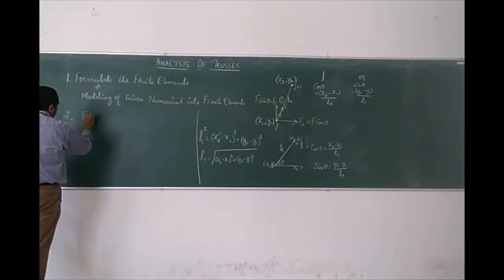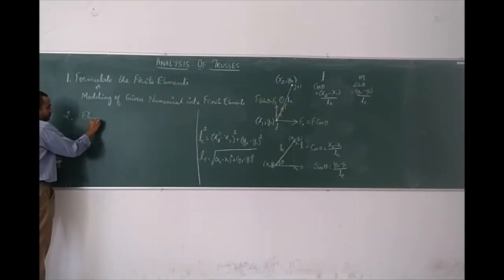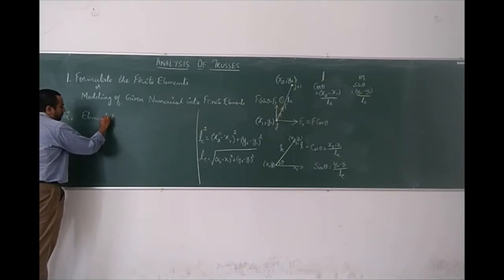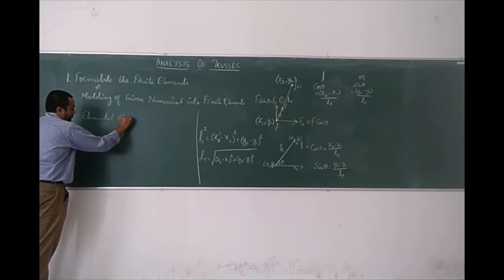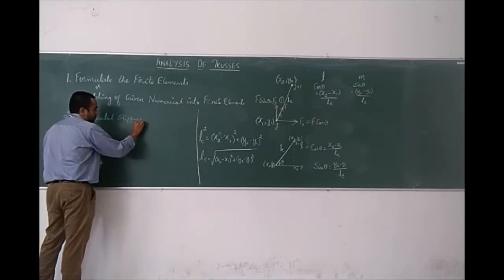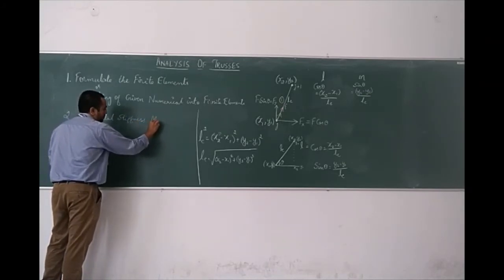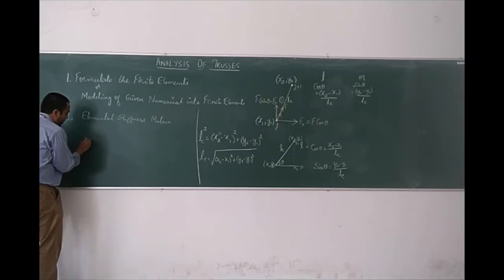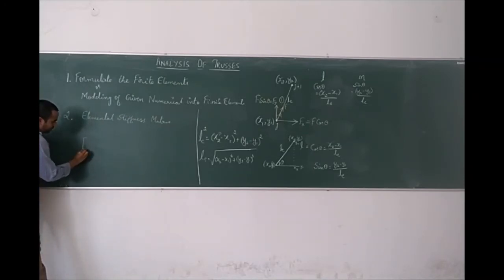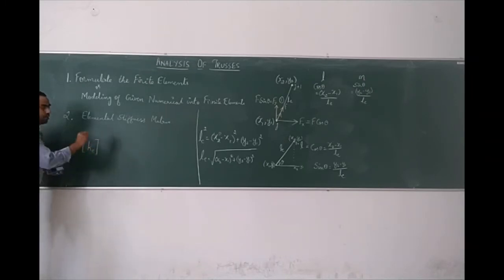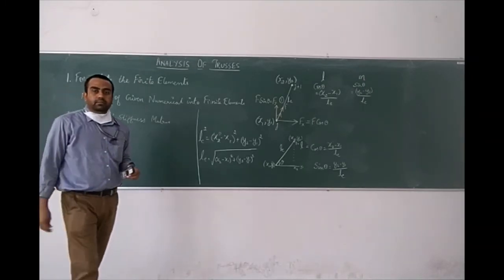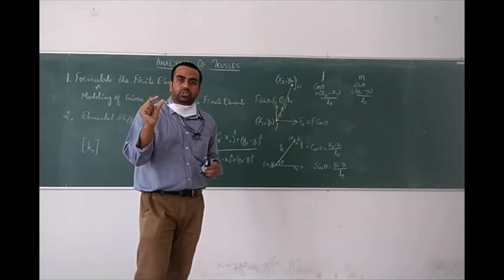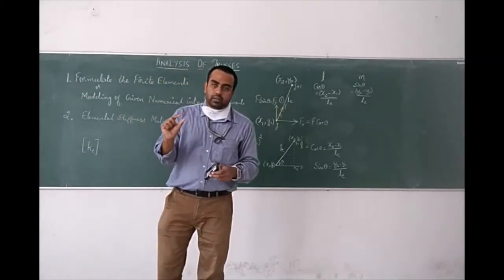The elemental stiffness matrix is given by, again, small k suffix e, where the suffix e denotes the element number.